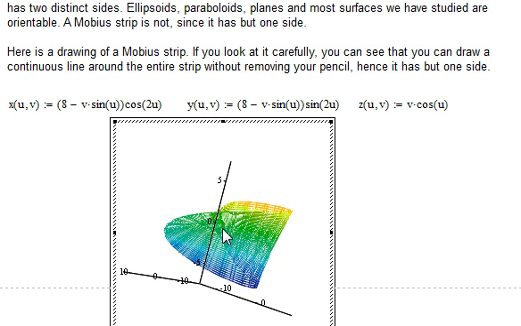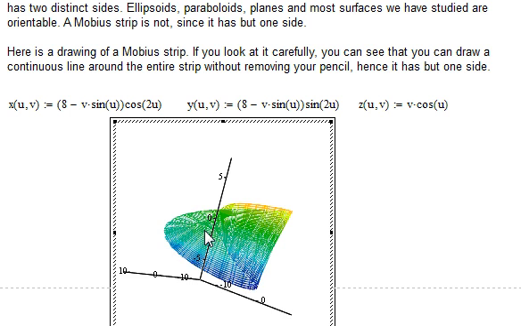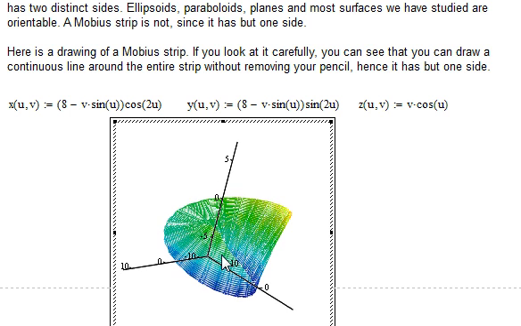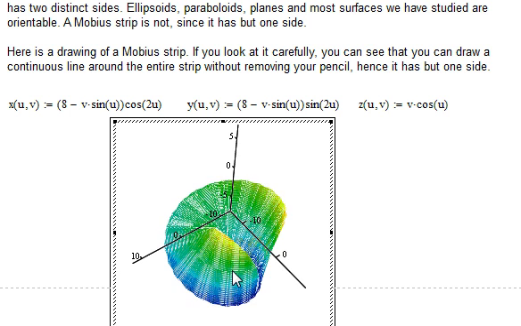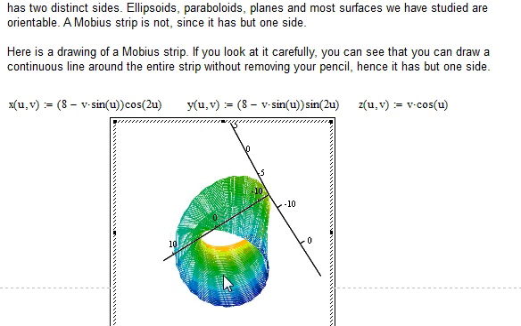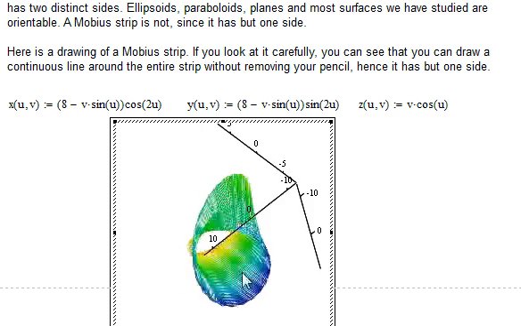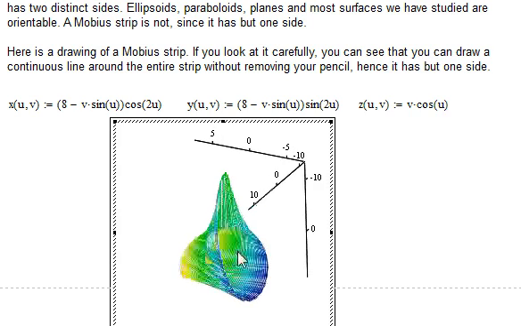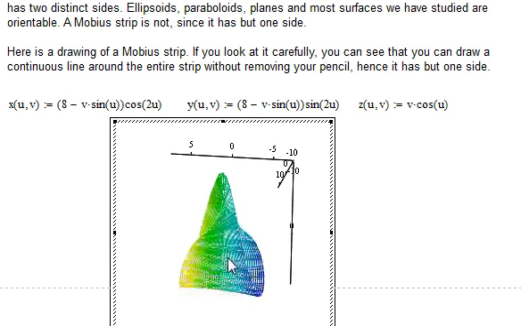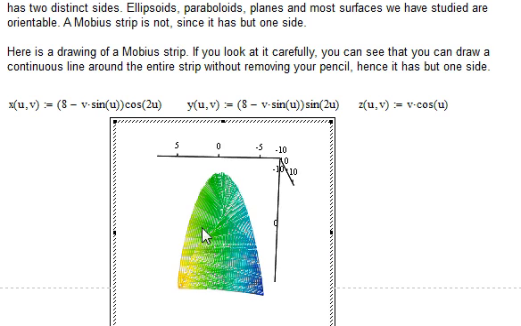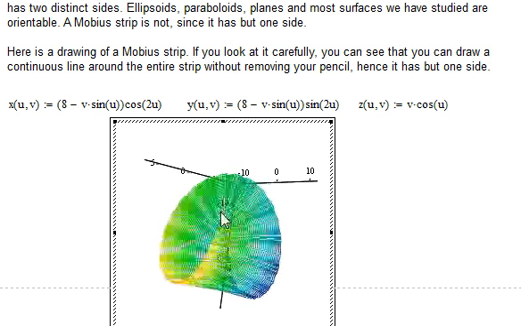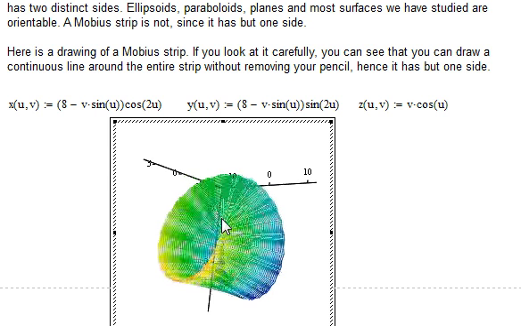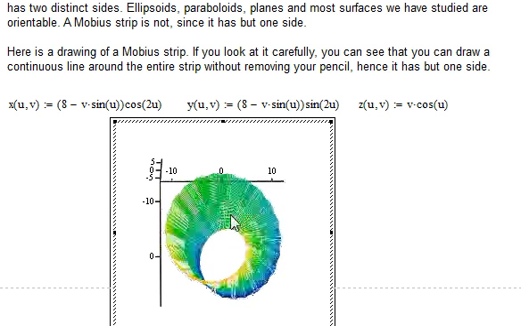Now it gets weird, because it goes over to this side somehow, and here it is coming this way. Right there is the line still, right? And then that line, I'm still working on it. It's coming up along this side, and it comes back to the place where we started the darn thing, right there. So I drew one continuous line, never lifted my pencil. So that's not an orientable surface.